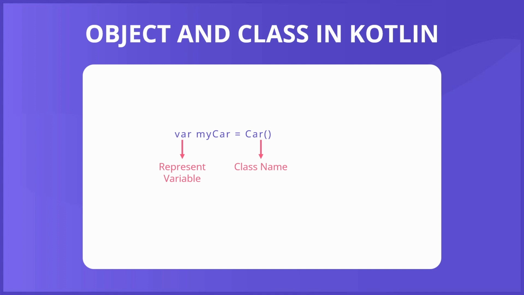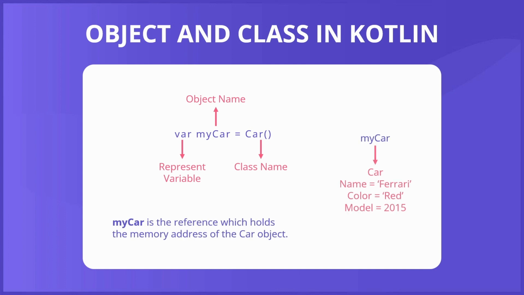In this example, I'm going to make the name of this object myCar, and you can, of course, name it whatever you want. On the right side of the equal sign, I've got to write the name of the class that we will create the object from. And that's it. Here, the myCar object is the reference that holds the memory address of the car object.